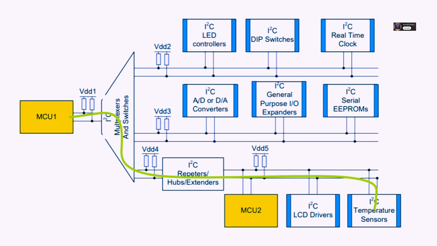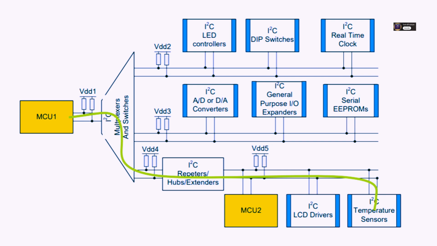Precisely. The 0 always wins because it's actively pulled low. Yeah. The master that detects this mismatch, tried to send high but read low, immediately knows it has lost arbitration. And it just stops. It stops transmitting immediately, releases the bus entirely, and goes back to listening mode, waiting for the winning master to send a stop condition.